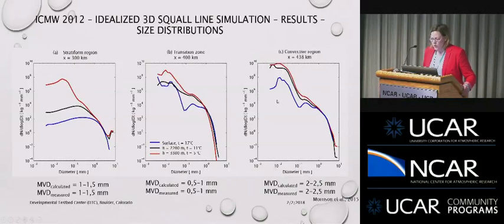If you compare the stratiform region size distribution, just see at the surface the blue lines, and the convective region, you are able to see that in the convective region, related to the updraft and the activation of the CCN, small water drops are formed, and the larger ones related to the melting of graupel particles, whose terminal velocity was high enough to fall out in the updraft region too.